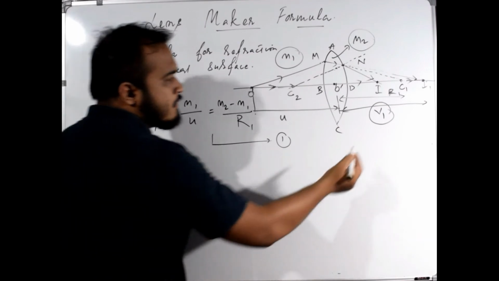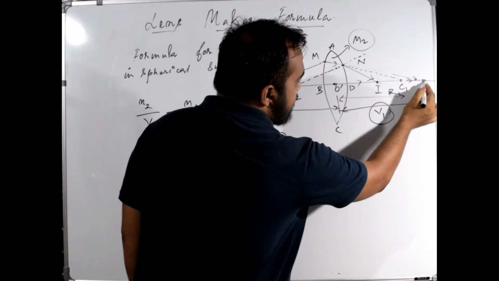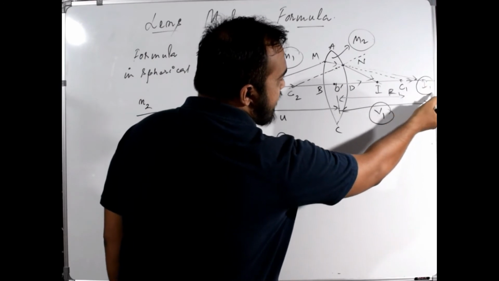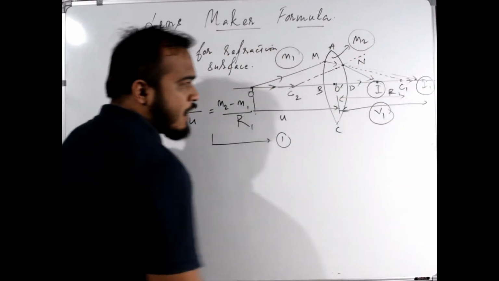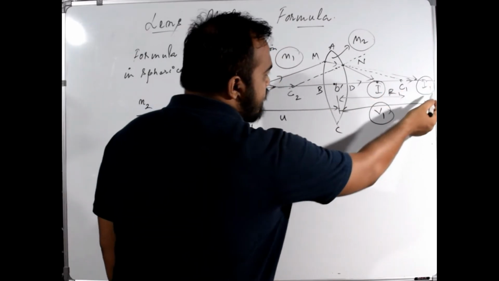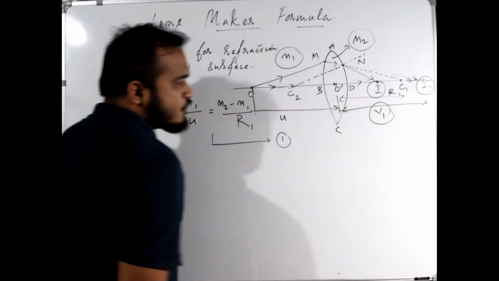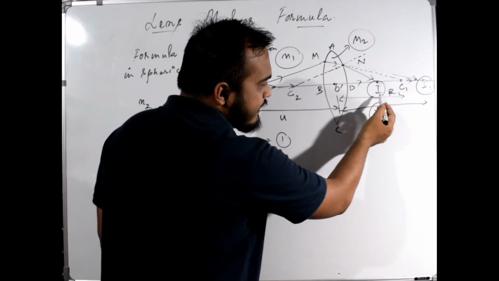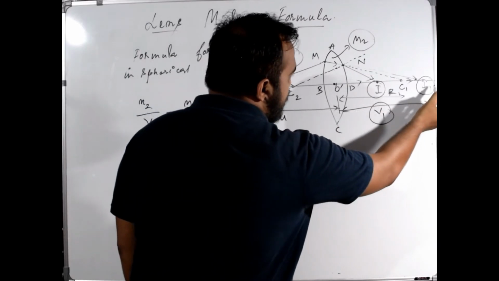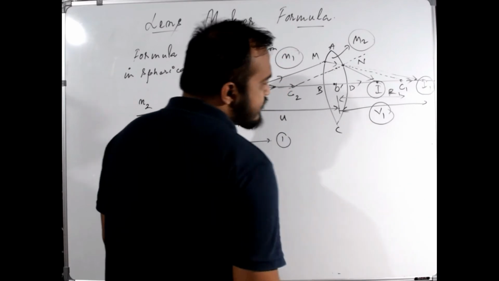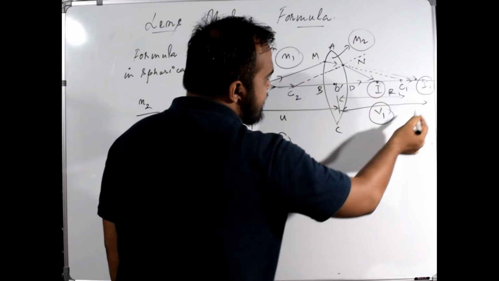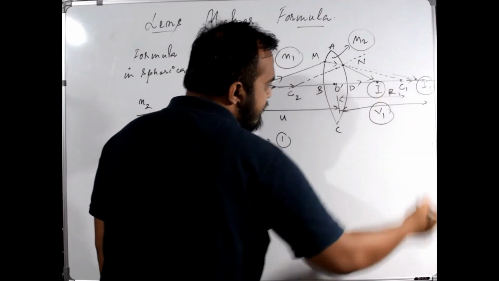In that case, I1 will be the object and I will be the image. I is the real image and I1 is the object for this surface. For the surface ADC, I1 is the object and I is the image.